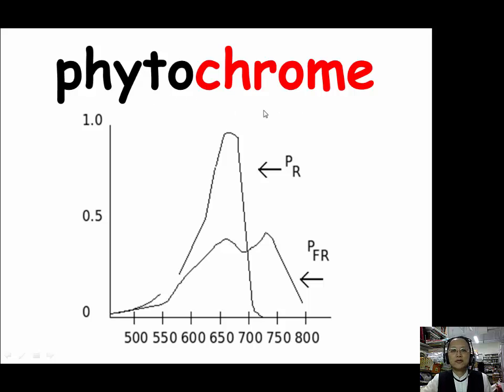Phytochrome is a photoreceptor, a pigment that plants and some bacteria and fungi use to detect light. It is very sensitive to light, but it absorbs particularly in the red region, which is around 650 to 660 nanometers, and the far red region, which is around 730 nanometers of the visible spectrum.